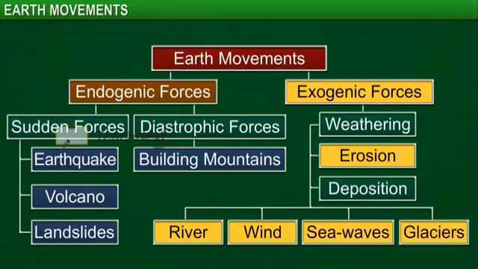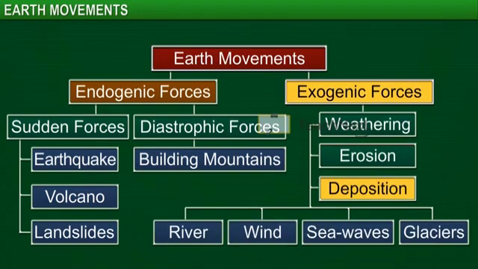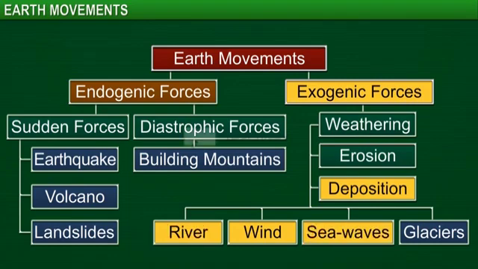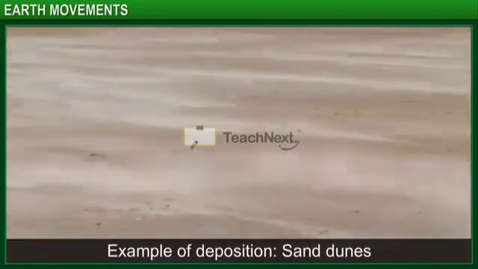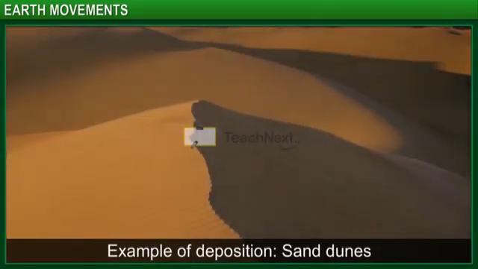Finally, let's look at the process that leads to the rebuilding of the Earth's surface: deposition. Deposition is also caused by natural agents like wind, water, and glaciers. Sand dunes in deserts are the most common example of deposition.